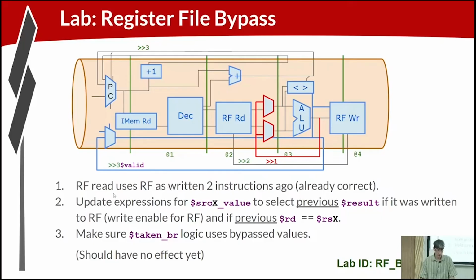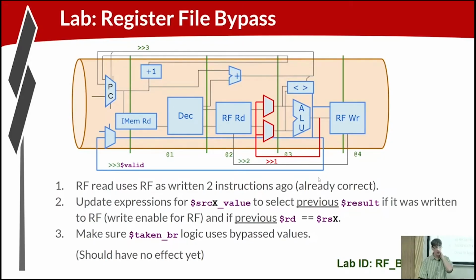So to implement this, step 1 is nothing. It's already good. Step 2 is to update the expression for the source value, the value feeding into the ALU. We need that value to support this bypass path.